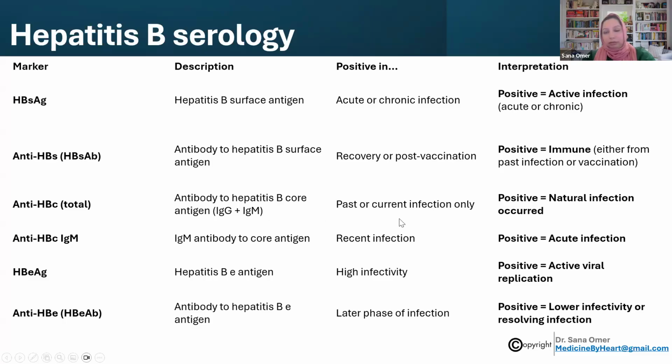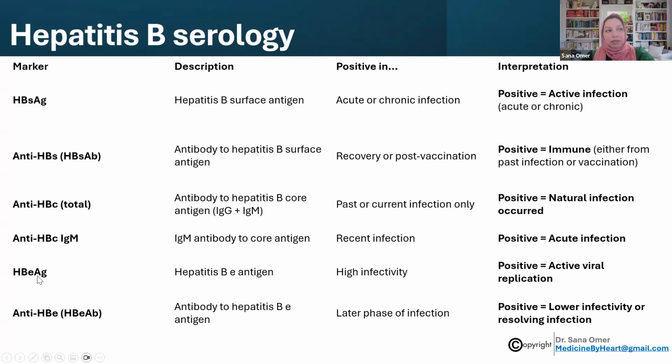IgM means a current infection is going on. The infection was there and they developed that. So if the patient has the IgM component, it's a recent infection. If it is IgG, it was a past infection that is gone now, but the patient has developed antibody against it.